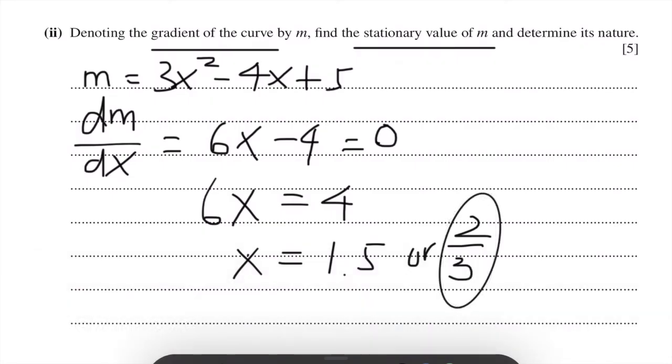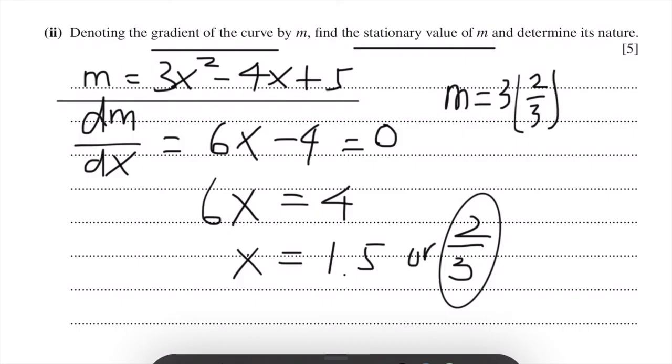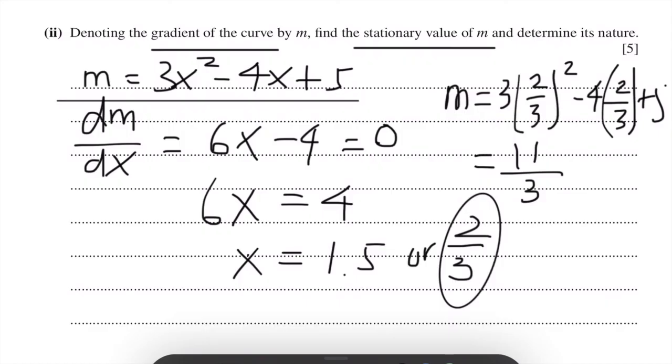Now we'll substitute this into the equation to find the y-coordinate, or what we call here the m coordinate. So m will be equal to, this is equal to 11 over 3.